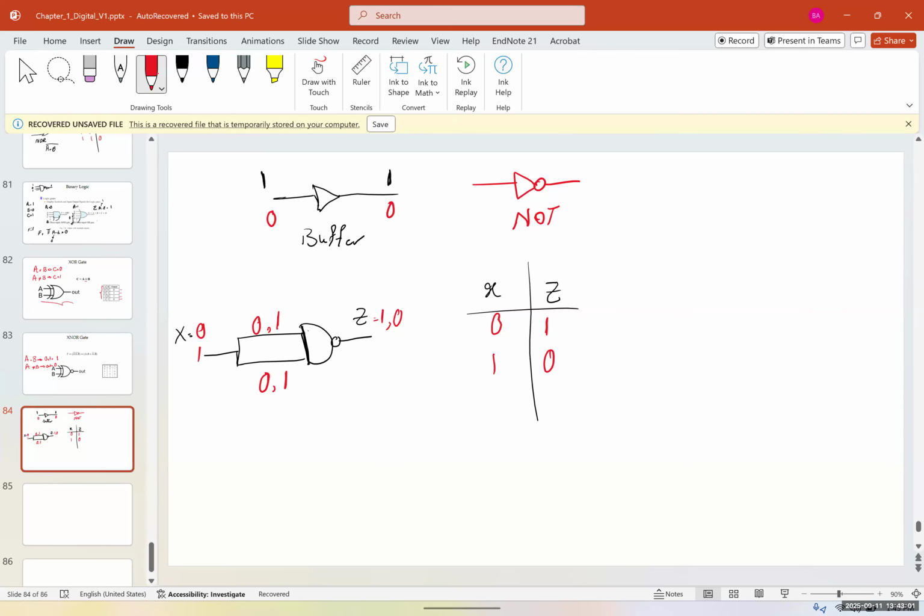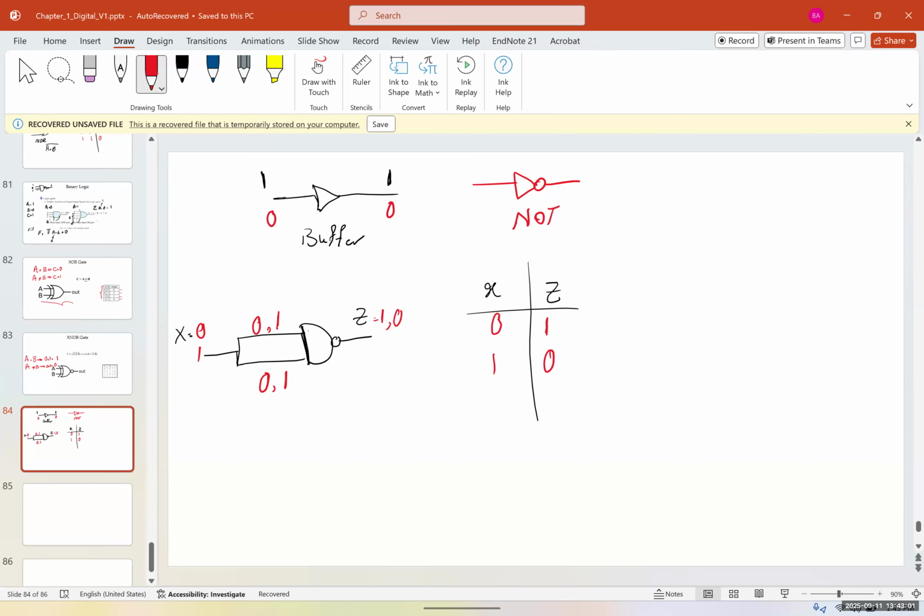Okay, what is the answer? What is X? If it's 1, what would Z be? 0. If X is 0, Z would be 1. Again, this looks like what? A NOT gate. So this is equal to a NOT gate, which is equal again to what? The NAND gate with its inputs tied together. So all of these three are equal.